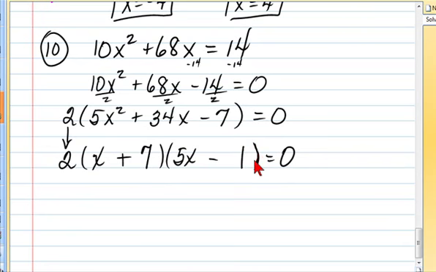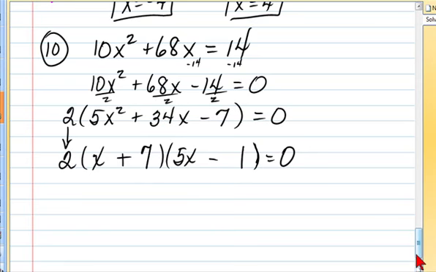What does that give me? That gives me an outer product of negative 1x and an inner product of 35x. 35 minus 1 is 34. Sign's correct. Everything's good. Okay, so when you get to number 10, you might have to actually try and error. That's a possibility. Or maybe you'll get it first time.